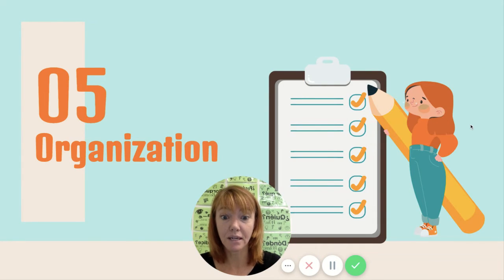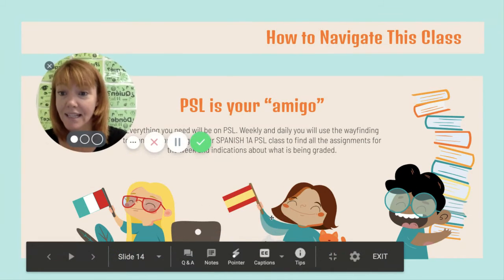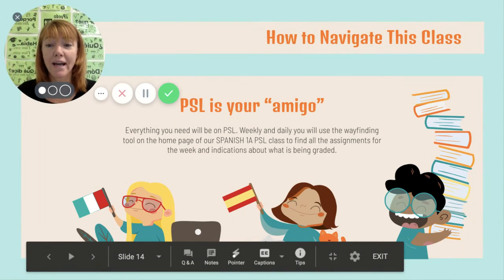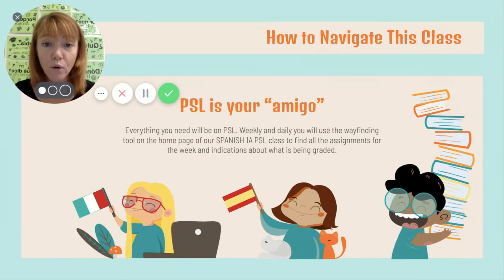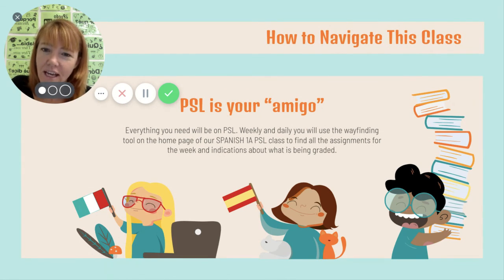How is everything going to be organized? It seems overwhelming this year because we're working in this hybrid format, but don't worry. I'm going to stay super organized so that you can stay super organized. And your best friend this year is going to be PSL. PSL es tu amigo. Everything you need will be on PSL.